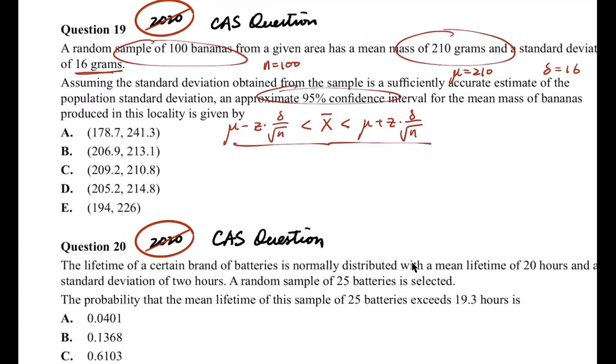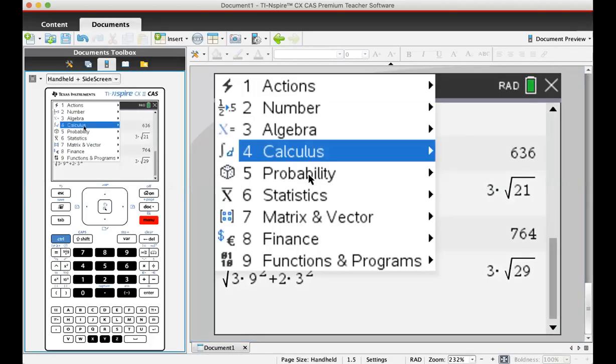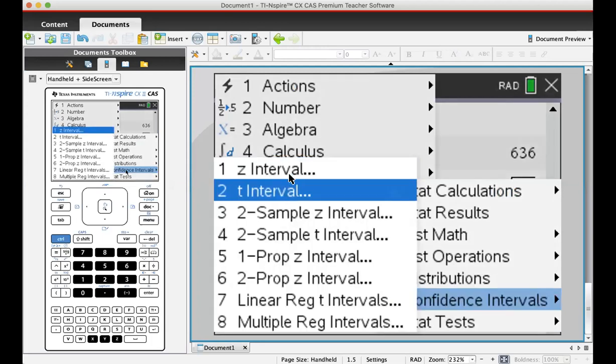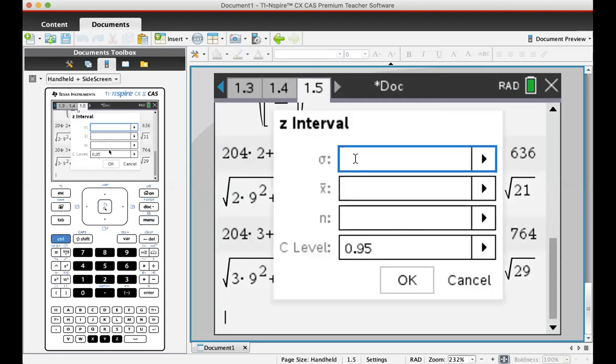We are able to use my CAS calculator for a 95% confidence interval. Let's use menu, statistics, confidence intervals. Choose Z interval. Data input method is stat. Choose OK. Sigma is 16, the mean value is 210, and the sample size is 100 bananas.